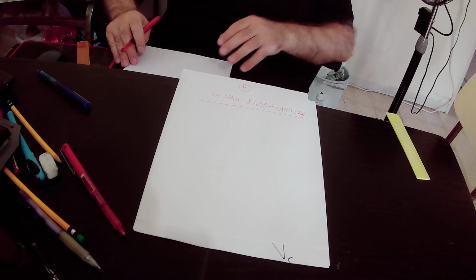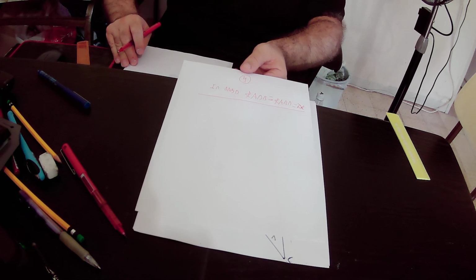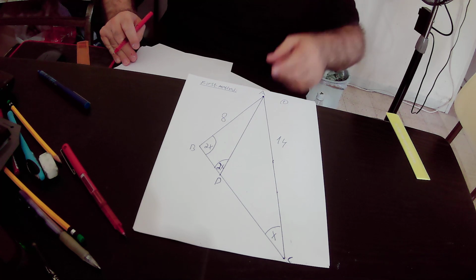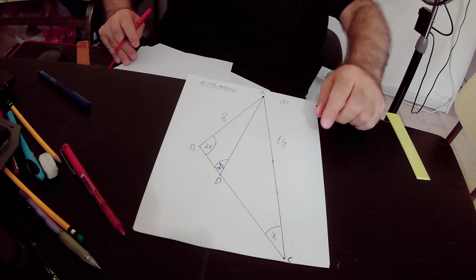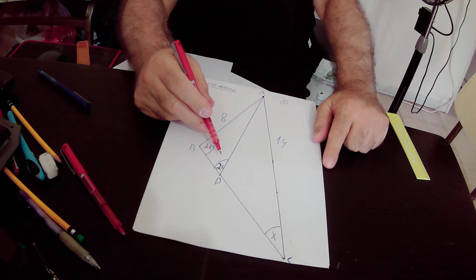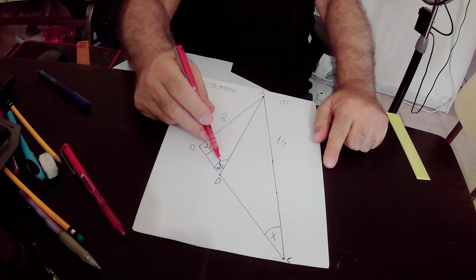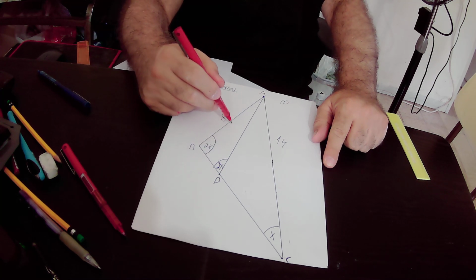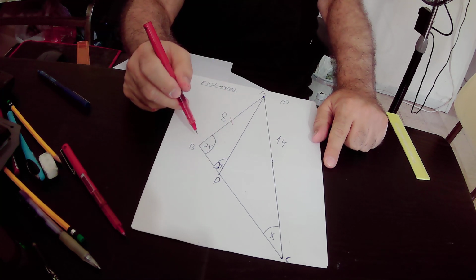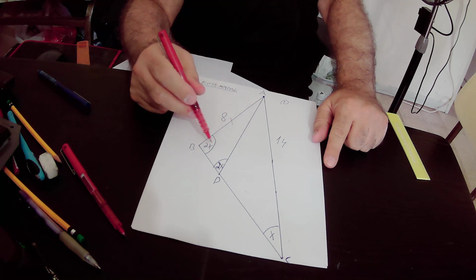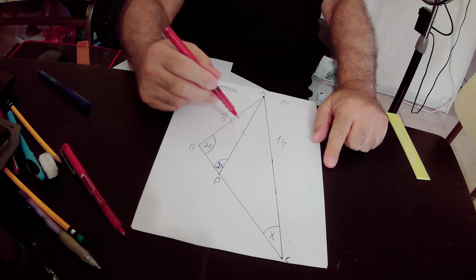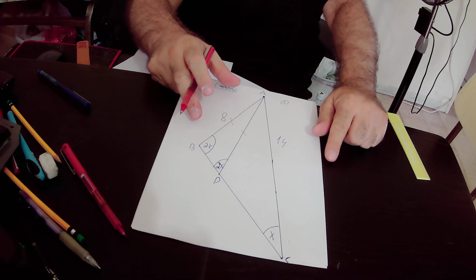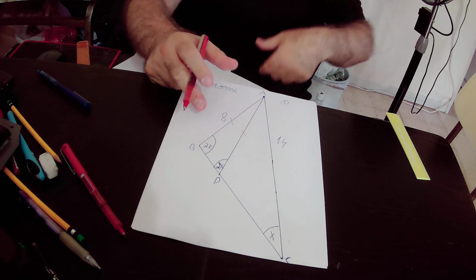So according to rule number 1, the sides that are in front of those two angles are also equal to each other. The side in front of this angle is AB, and the side in front of this angle is AD. So according to rule number 1, AB equals AD.